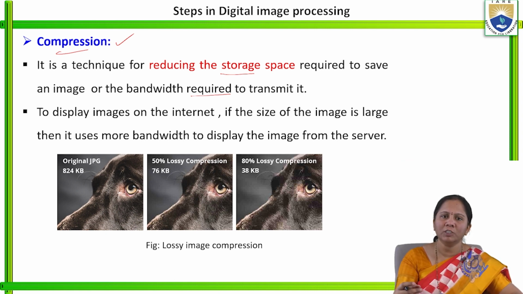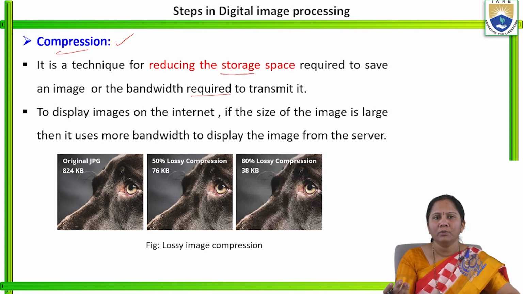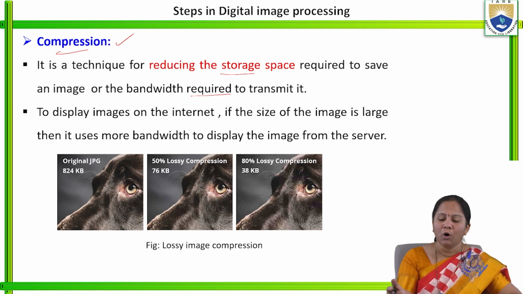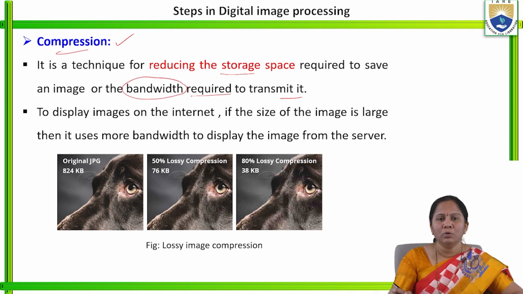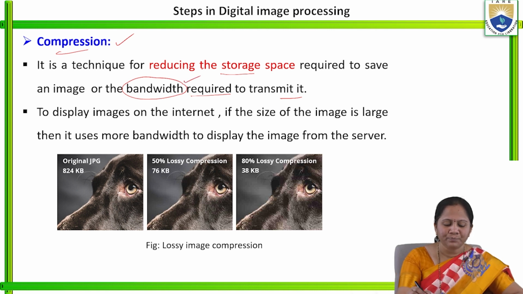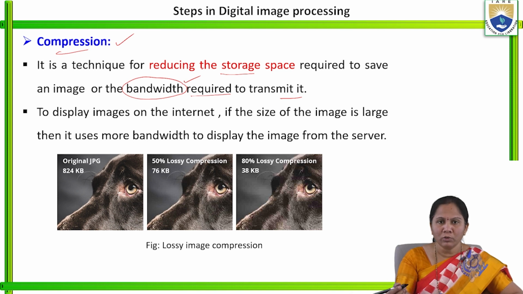To store the image, we need to spend more memory, or to transmit that particular image, more bandwidth is required. First we need to know what is meant by bandwidth. Bandwidth is the amount of data that can be transmitted over a communication channel in a particular amount of time.